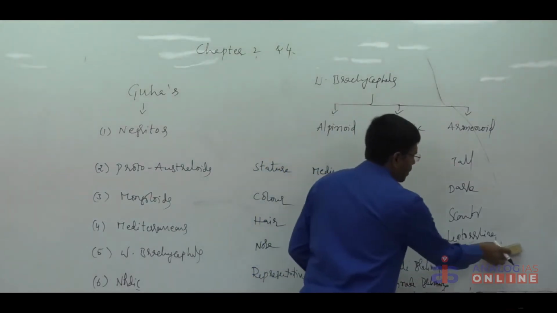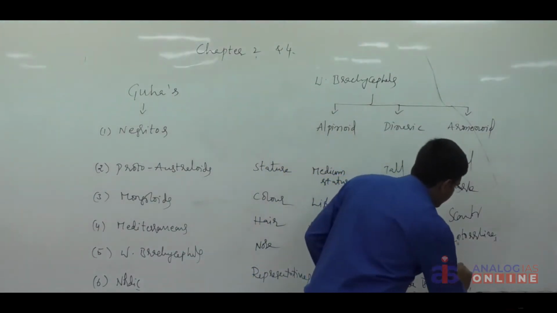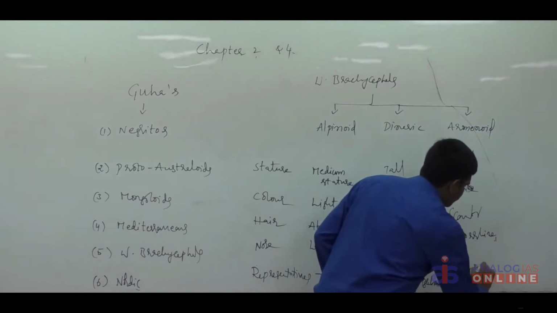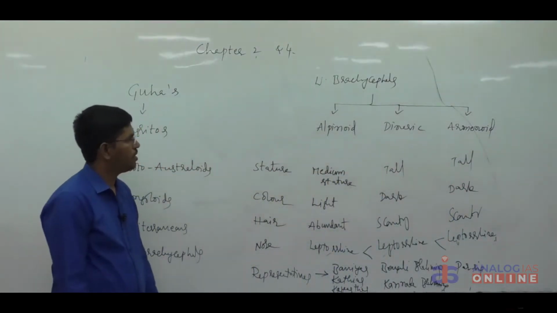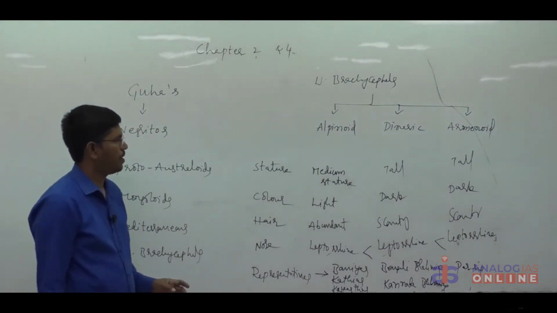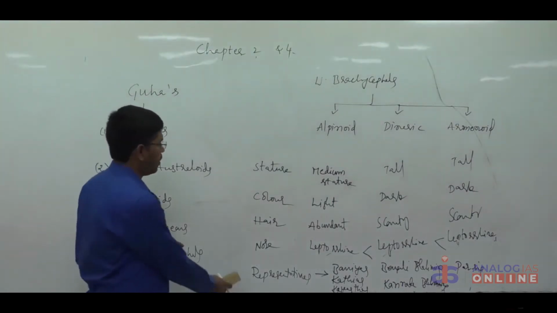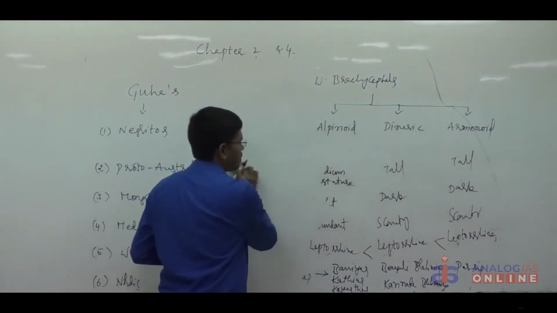The Armenoid element can be seen in Parsis. Okay, this is about the Western Brachycephal element.